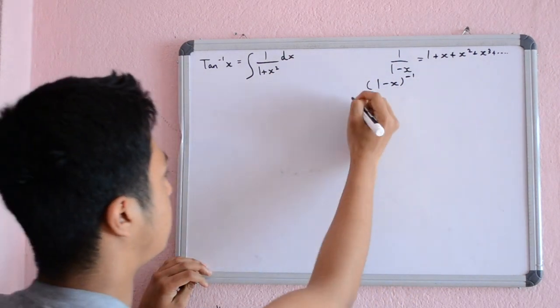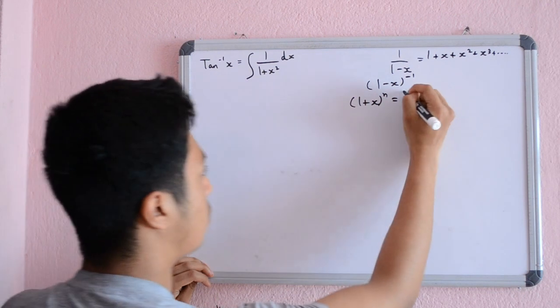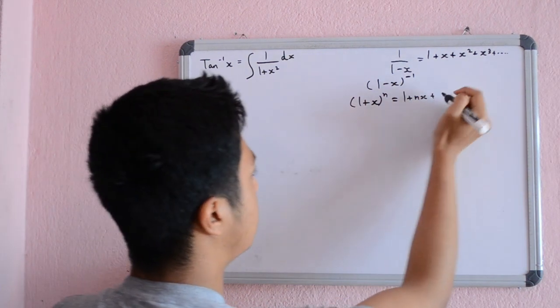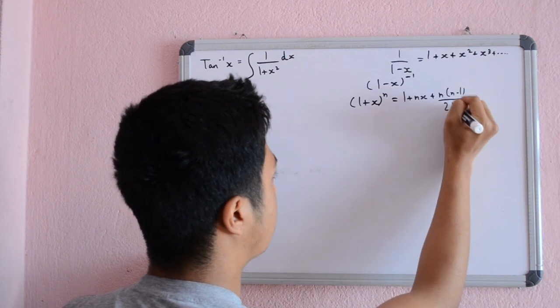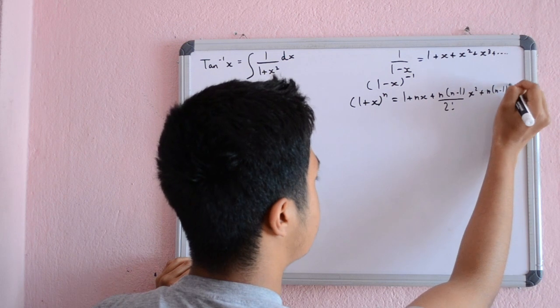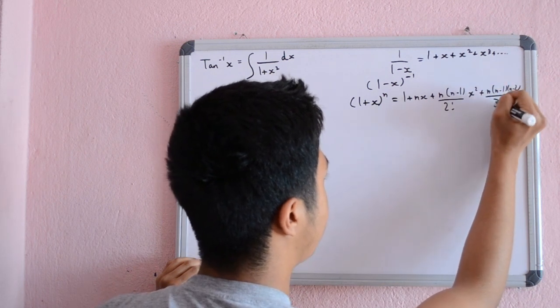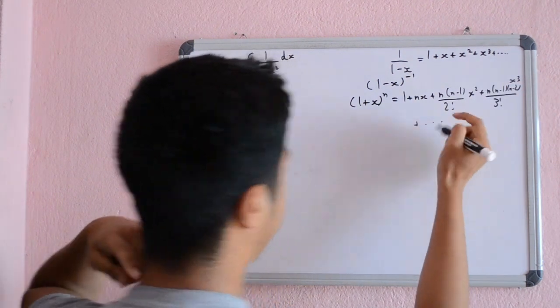Before that, the expansion of 1 plus x to the power n is 1 plus nx plus n into n minus 1 by 2 factorial x squared plus n into n minus 1 into n minus 2 by 3 factorial into x cubed and so on.